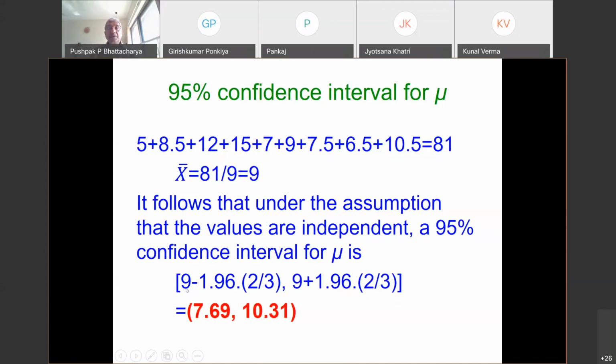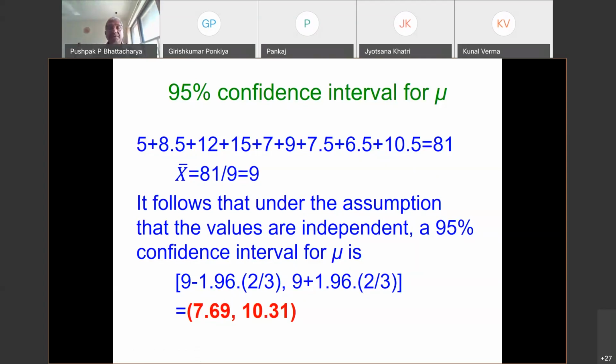So if x bar is the sample mean, then the population mean will be contained within x bar minus 1.96 into sigma by root n to x bar plus 1.96 into sigma by root n. This is a result which is known from the theory of probability, z values, and so on.